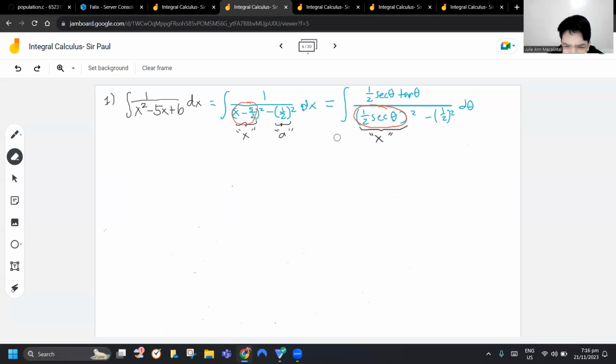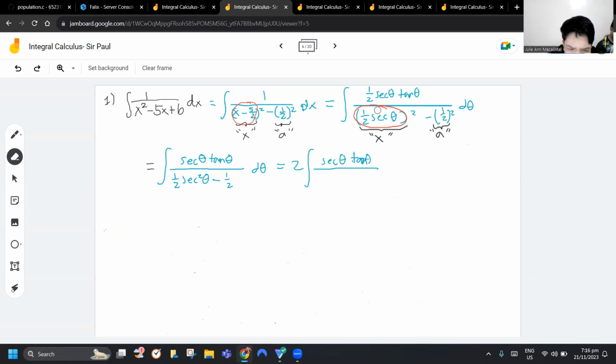So we need to set it as 1/2 secant theta from the previous formula. And then we can already remove the 1/2, simplify it, and take out the 2. So now the tangents can be cancelled and we get cosecant theta.